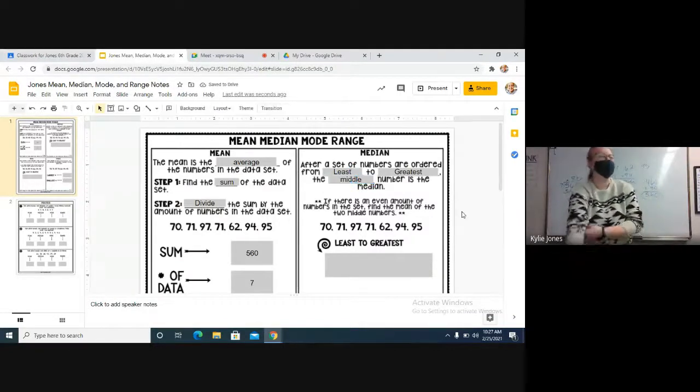That's the median. Exactly in the middle. And I'll show you guys the easiest way to do that. And the exact middle of your data. I'll let you guys type that out really quick.